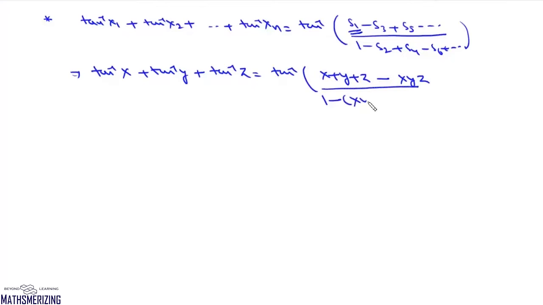S2 is taken 2 at a time, so it will be xy plus yz plus zx, and then there will be no S4. So that is the formula for tan inverse x plus tan inverse y plus tan inverse z, and it is tan inverse x plus y plus z minus xyz upon 1 minus xy minus yz minus zx. So we'll use this formula if we have 3 or more expressions.